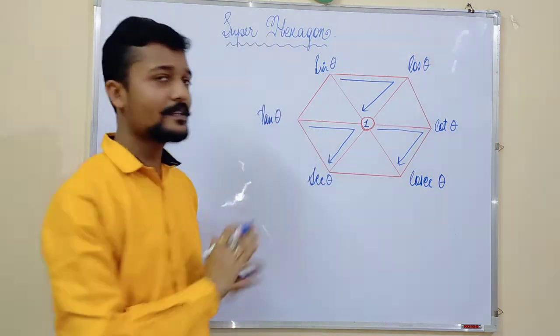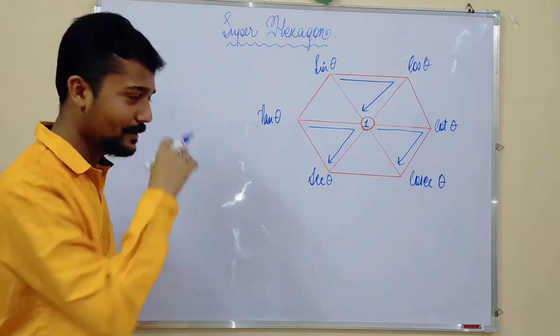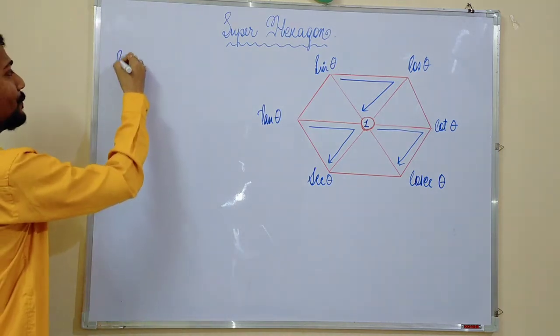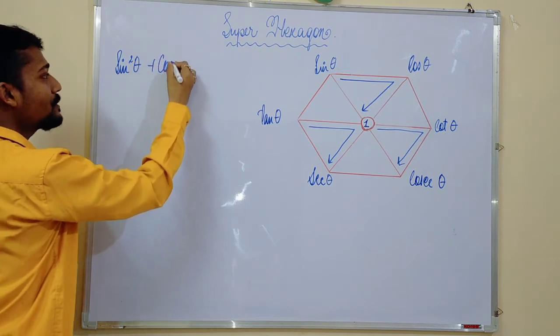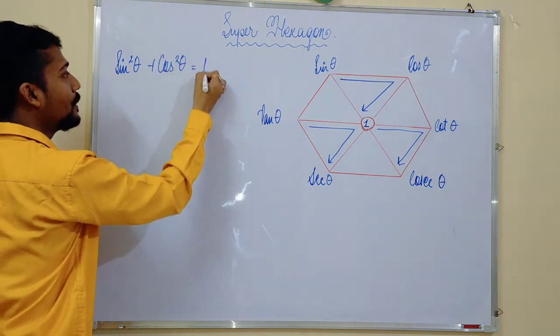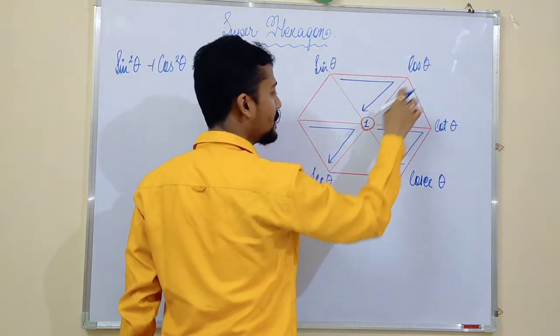Yes, this gives us a relation, and that relation I am going to note it down here. So see, from here what we find is that sin square theta plus cos square theta is equal to 1.